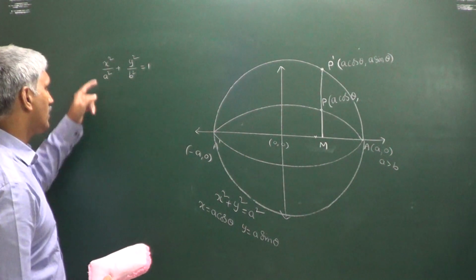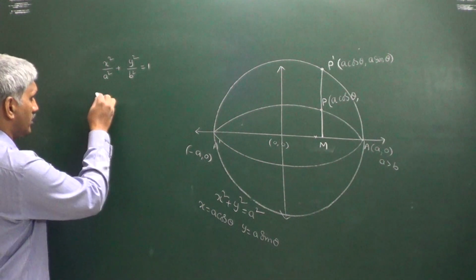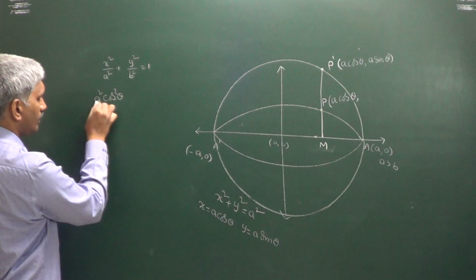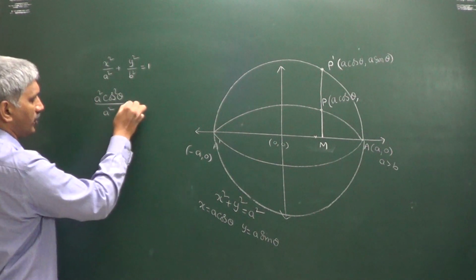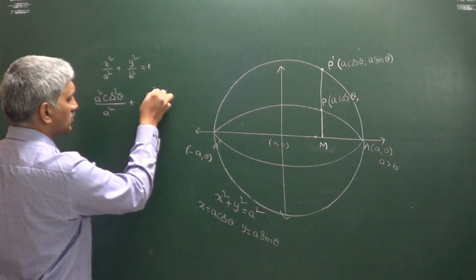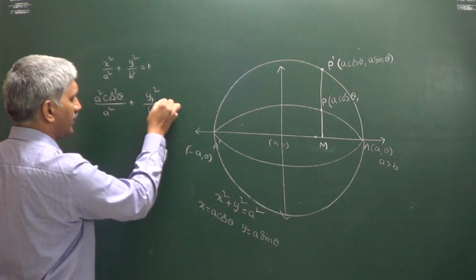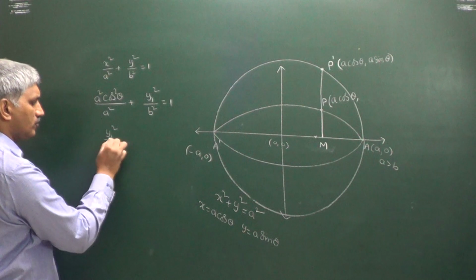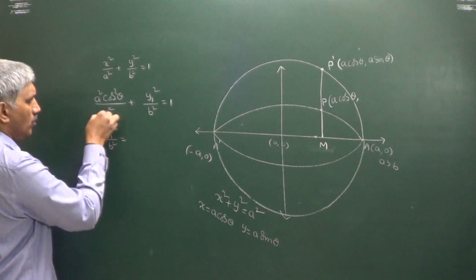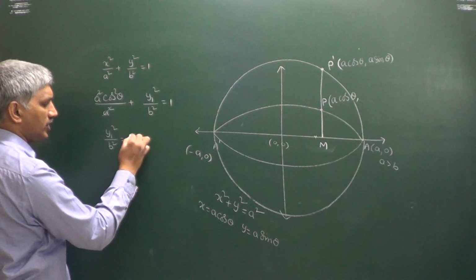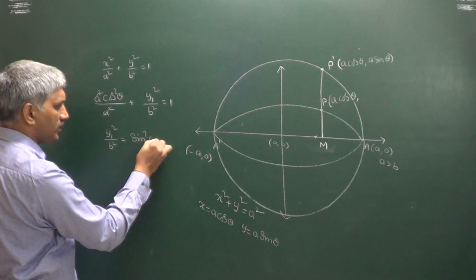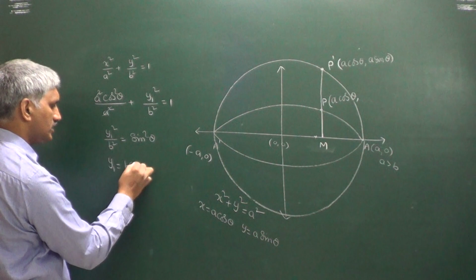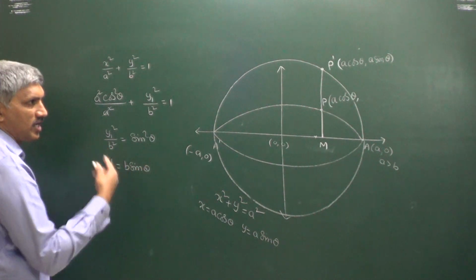Now in place of x I am substituting a cos theta. Then what happens? A square cos square theta divided by a square plus y1 square divided by b square is equal to 1. Therefore we get y1 square by b square is equal to 1 minus cos square theta, that is equal to sin square theta. Therefore we get y1 is equal to b sin theta, plus or minus.